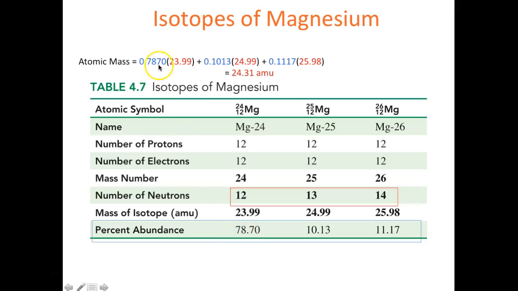So 0.7870 times the corresponding mass, which is 23.99, all right? And then 0.1013 times 24.99, and then 0.1117 times 25.98. Now, those fractions that you get, you add them up together, and that gives you the 24.31, the atomic mass. So this is how the weighted average for the isotope is calculated.